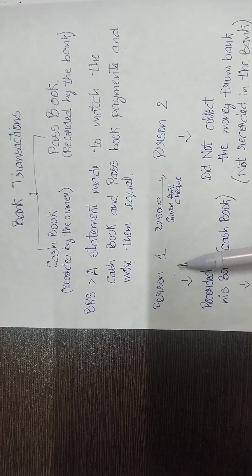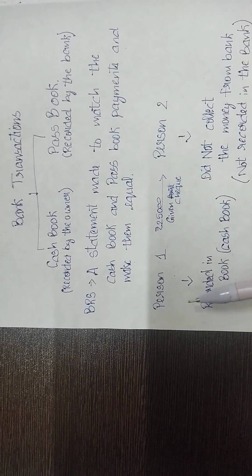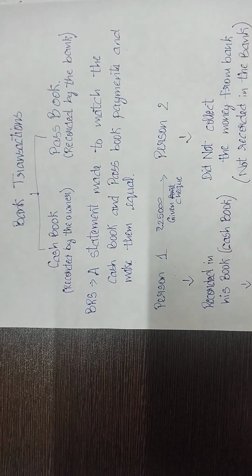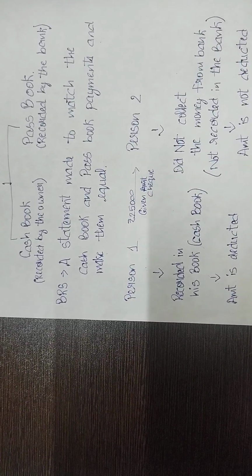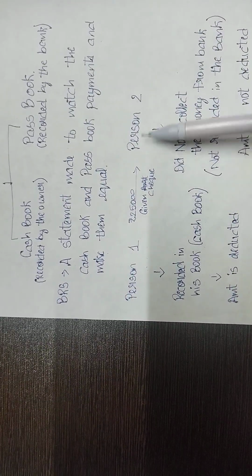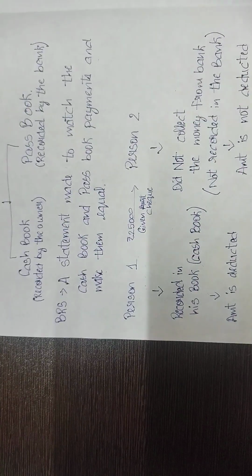There is a person 1 who has given a certain amount by check to person 2. Let's assume 25,000. So person 1 has given 25,000 to person 2. Person 1 records it in his cash book, that is in his book, that he has given 25,000 to person 2. But person 2, due to some reason, does not go to the bank to submit the check and take the money.